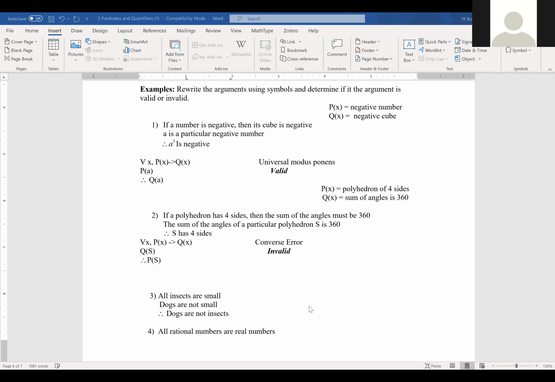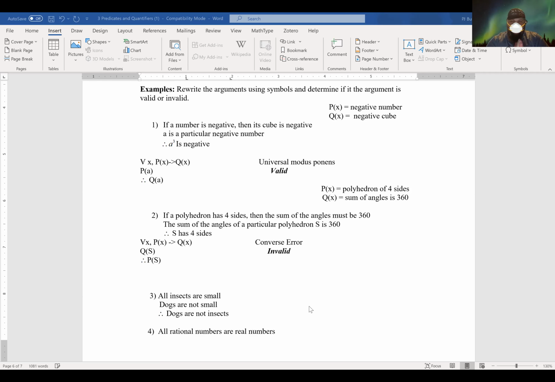Wouldn't saying all small animals are insects and all insects are small be two different things, though? So the way it's written, what I'm trying to get at is, if you read it directly, you would be inclined to say P of X is insects and Q of X is small.